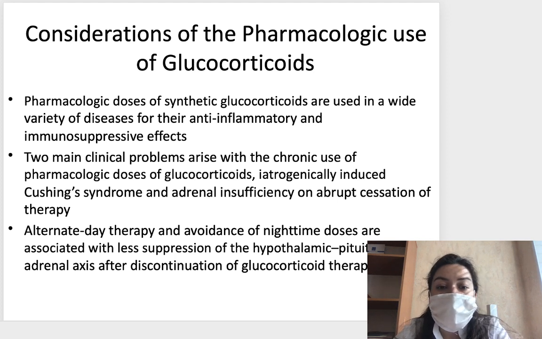Two main clinical problems arise with chronic use of pharmacological doses of glucocorticosteroids: iatrogenically induced Cushing syndrome and adrenal insufficiency on abrupt cessation of therapy. Alternate day therapy and the avoidance of nighttime doses are associated with less suppression of the hypothalamic-pituitary-adrenal axis after discontinuation of glucocorticosteroid therapy.